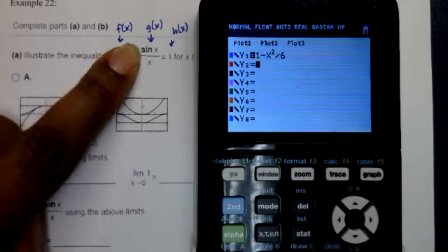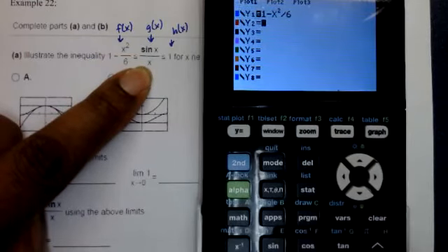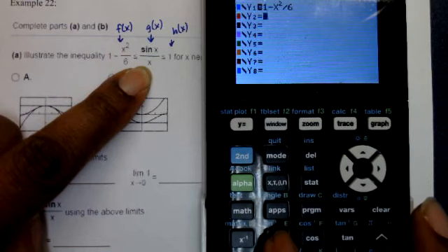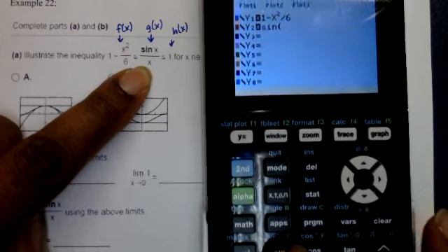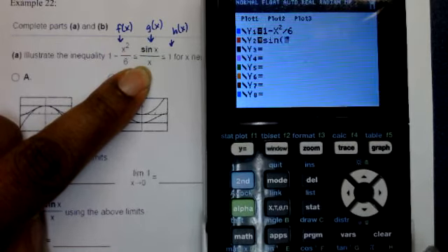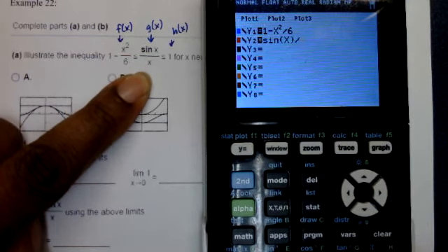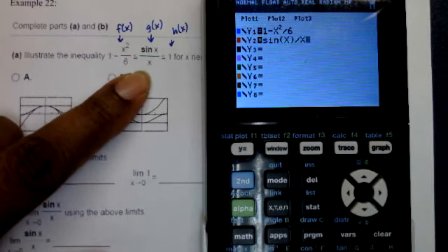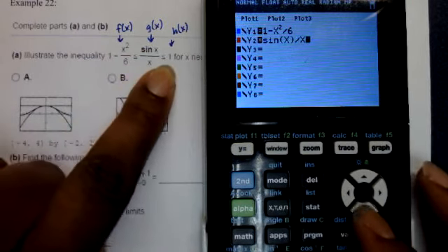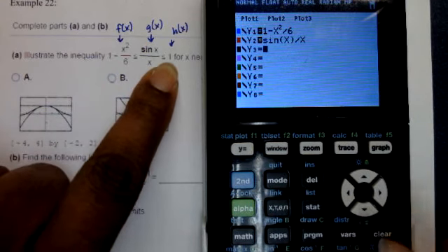We're going to enter this sine of x over x. So we have to press the sine button right here, sine of x, get the x, close parentheses, divided by x, using the X,T,theta,n button for your x. And then for y3, it's just 1.